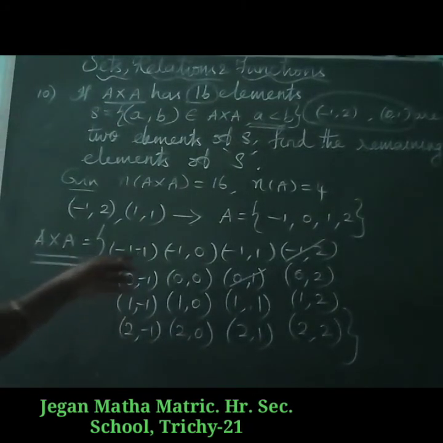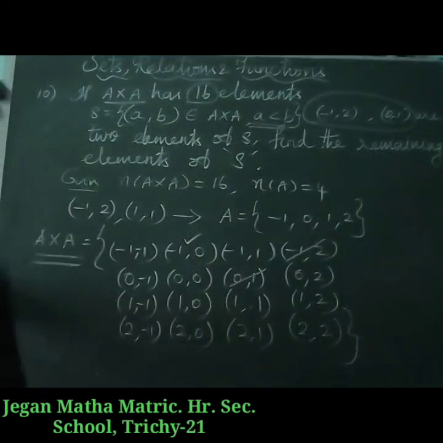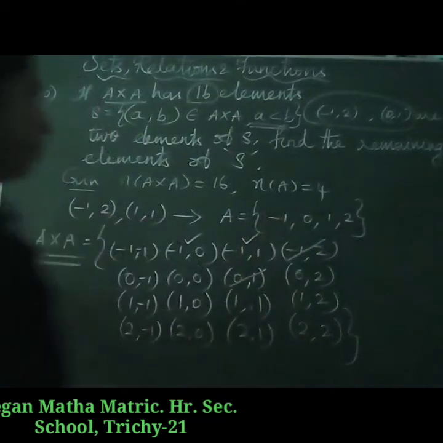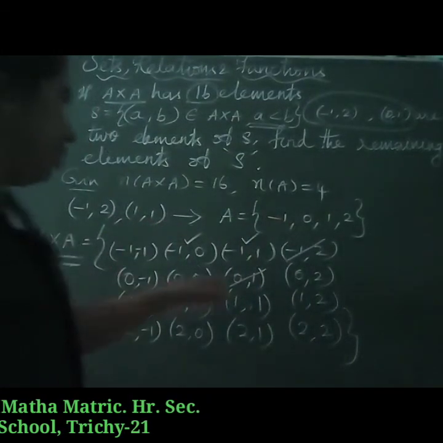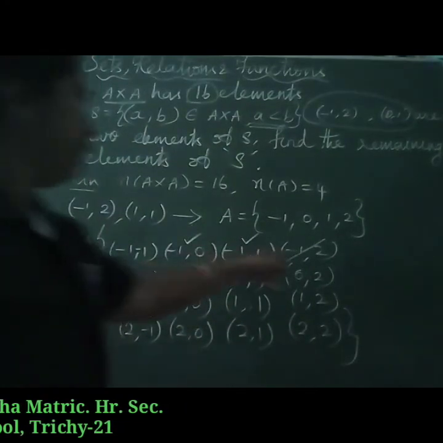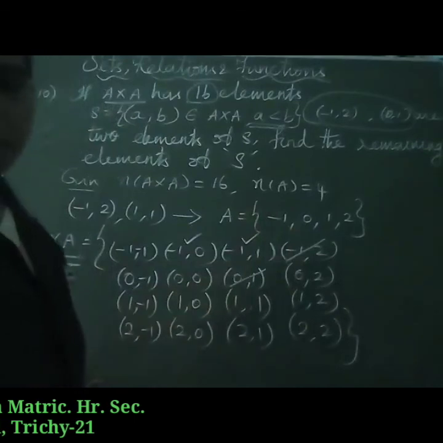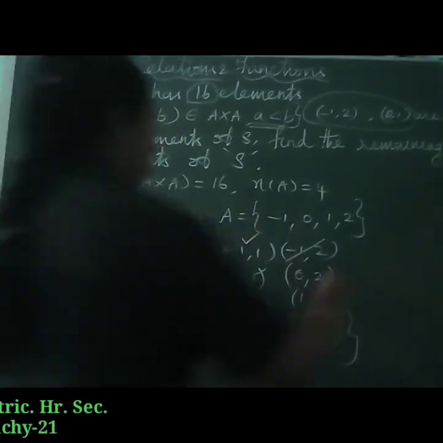We can say (-1, 0). Then a less than b, (-1, 1). Already (-1, 2) is over, (0, 1) is over. Then we can take the next one as (0, 2).